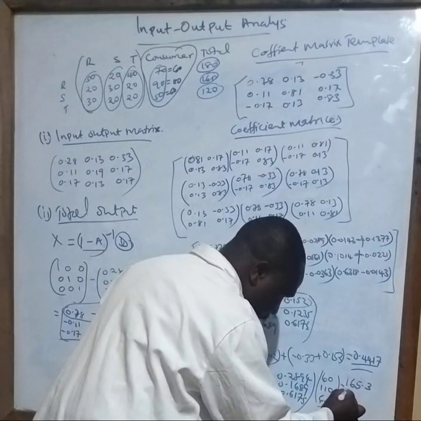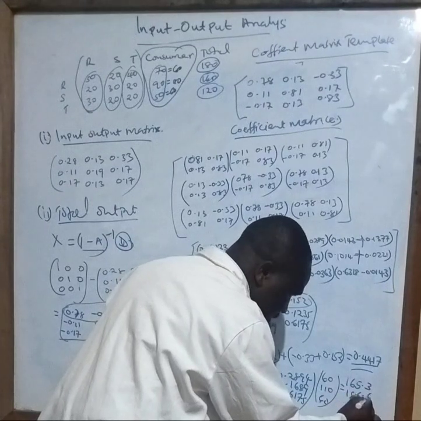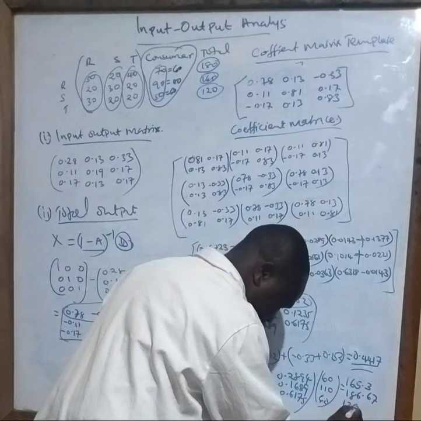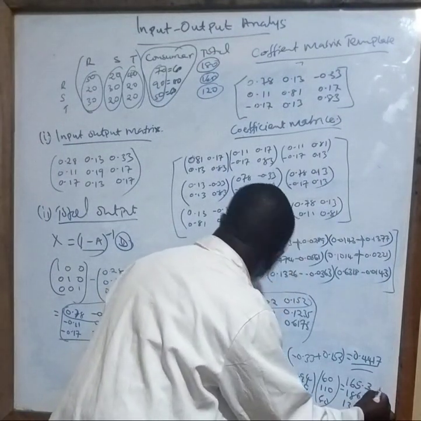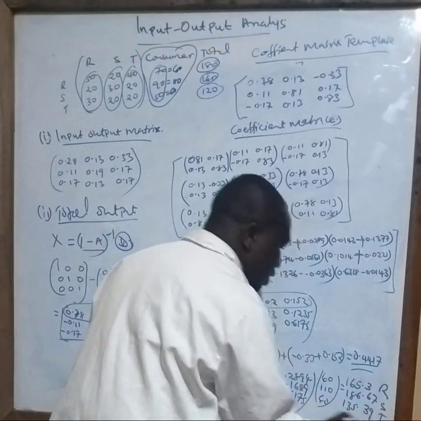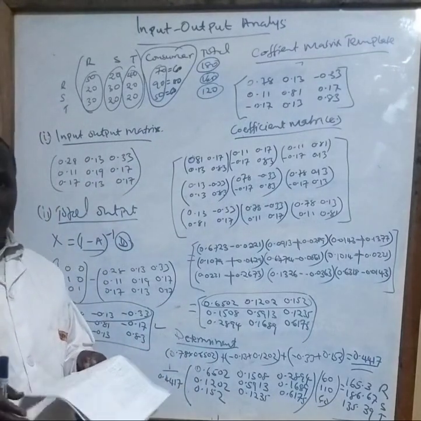Then you get 186.67. Then you get 135.39. So this one will be R, S, and T.